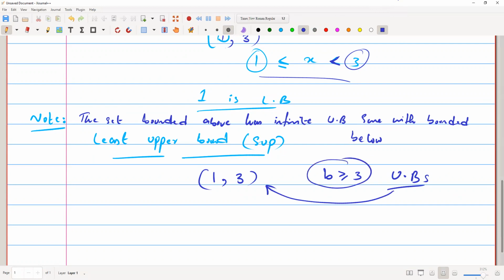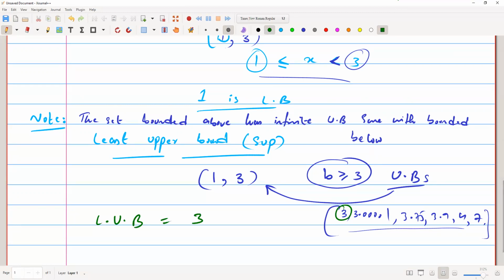But what actually is this set, b greater than or equal to 3? Every number like 3.0001, 3.75, 3.947, 10, every number that is greater than or equal to 3 is an upper bound. And then the smallest of these upper bounds is called the least upper bound. In this case, the smallest of these upper bounds is 3. Every other number is bigger than 3. So the least upper bound of the set is 3.